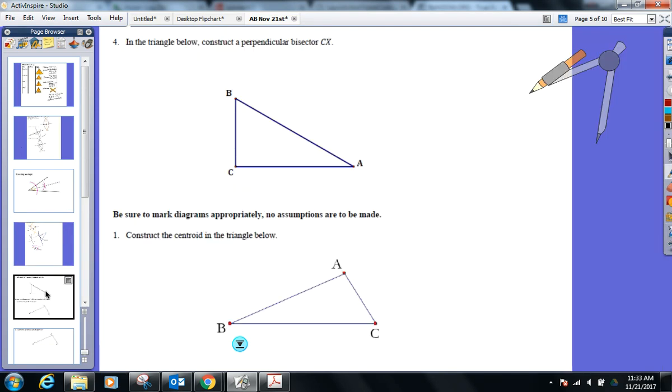All right, there is a little typo here because I can't construct perpendicular bisector CX because C is already being used. Okay, I want you to bisect AB though. I want the perpendicular bisector for AB. We'll call it something though. Okay, so construct the perpendicular bisector for AB, please.